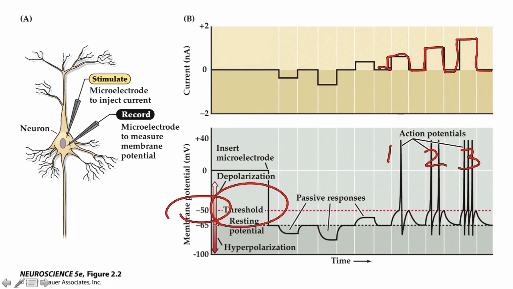Essentially what we have here is a stimulus that's getting stronger and stronger and stronger. And the way that stimulus strength is encoded by the activity of this neuron is by generating more and more action potentials. So at least at first approximation in this simple experiment, the numbers of action potentials is in some sense proportional to the strength of the stimulus.